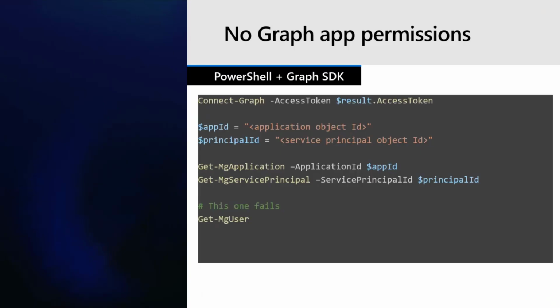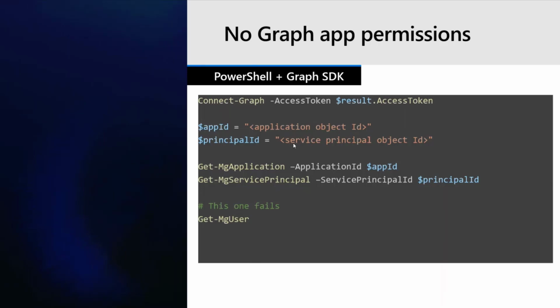So the first demo, the idea is that I would show you that this would work, right? Even without any Graph permissions, because the object can read itself. But if I try anything else in Graph, because we don't have permissions, it will fail. That is the initial scenario with that token.